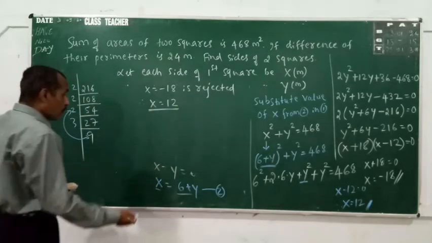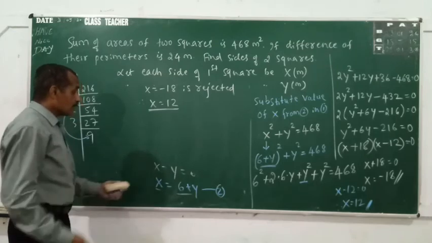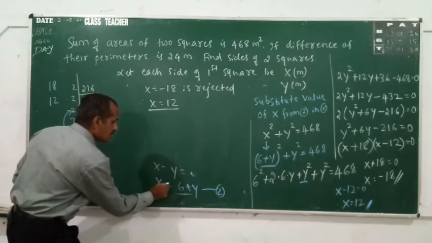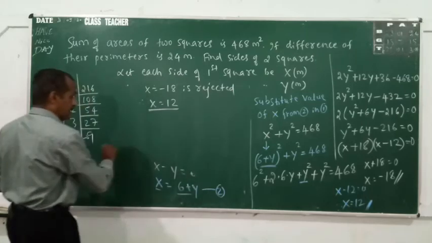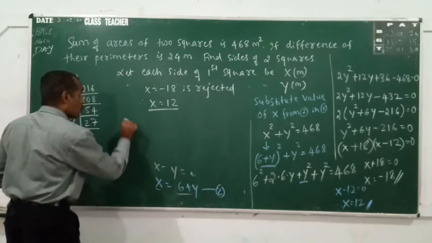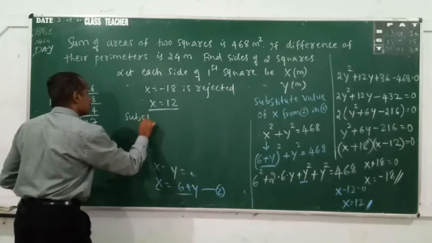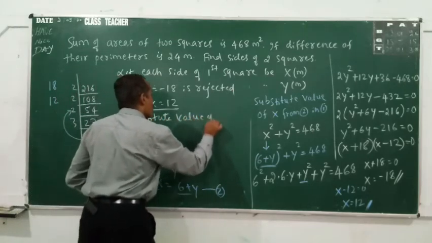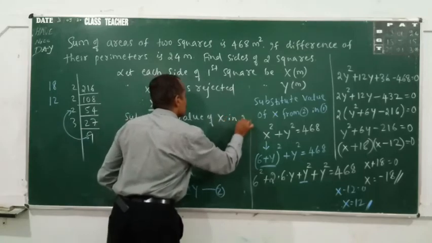So, we got the value of x. But what about the value of y? There is one equation: x is equal to 6 plus y. Okay? So substitute the value of x in equation number 2.